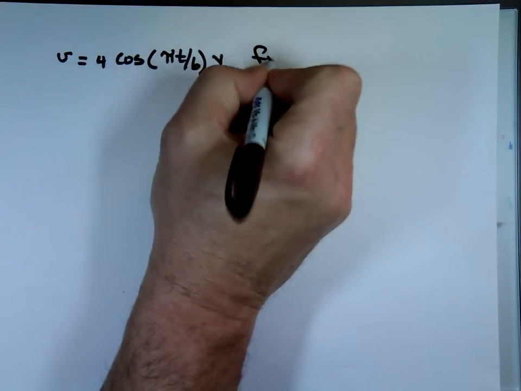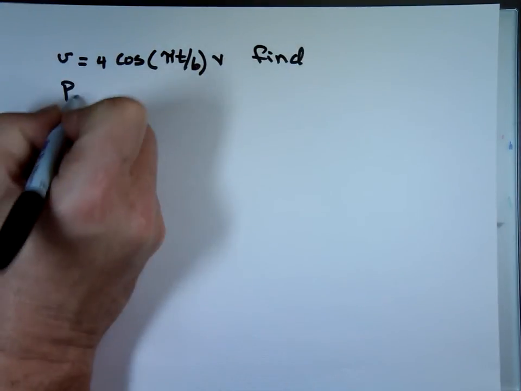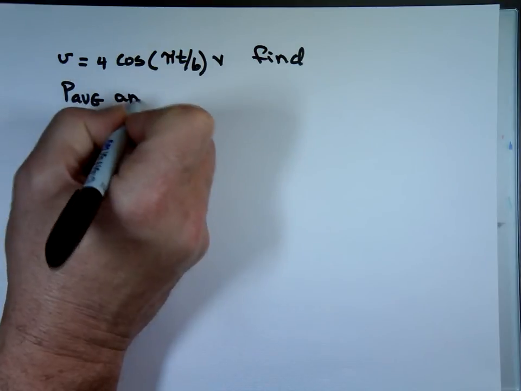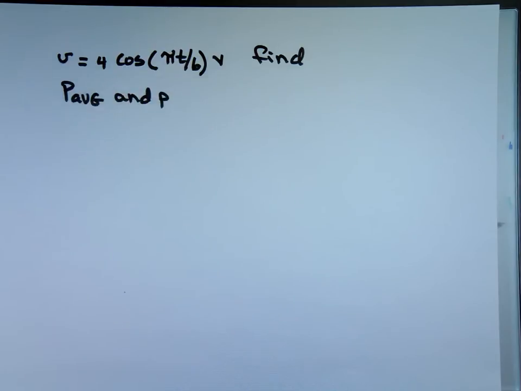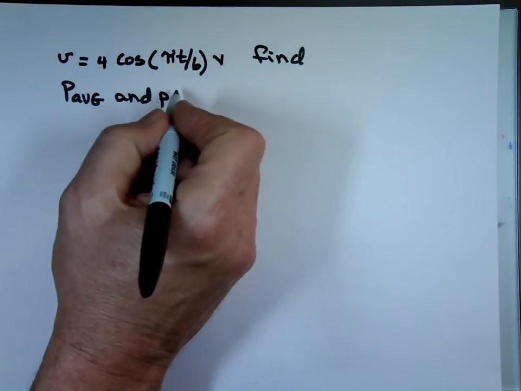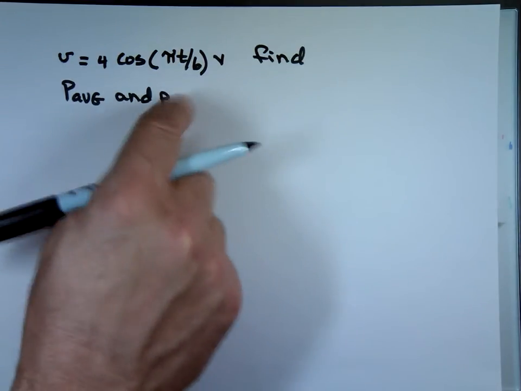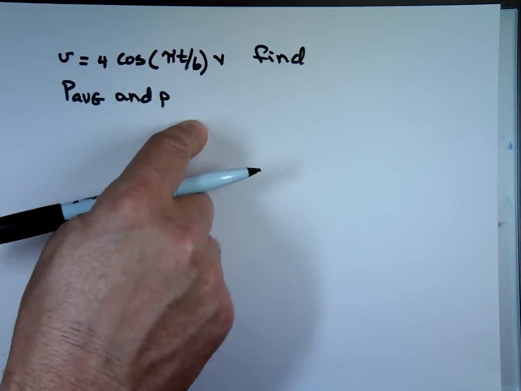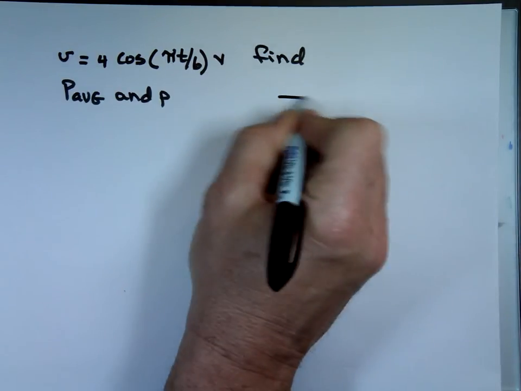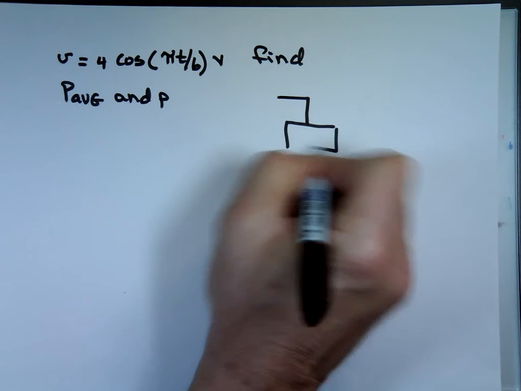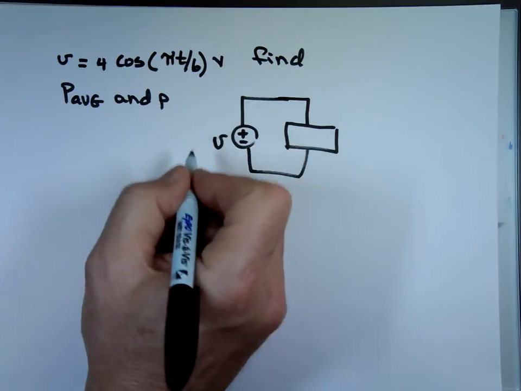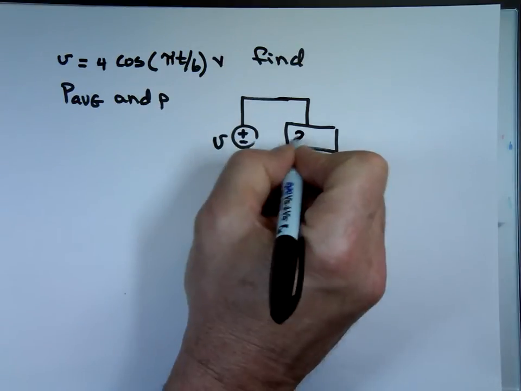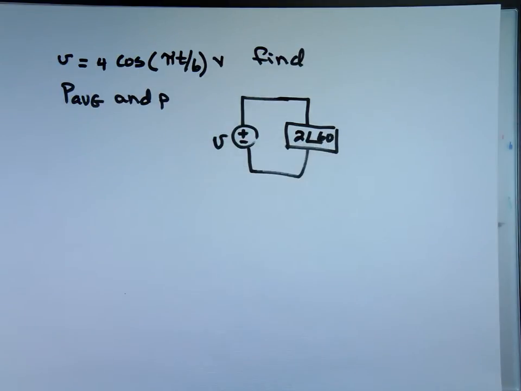Find P average and the instantaneous power that results when this voltage is applied across an impedance. So if you take this voltage and put it across an impedance of 2 angle 60. What is the average power and what's the instantaneous power?